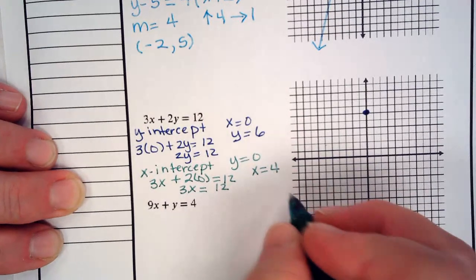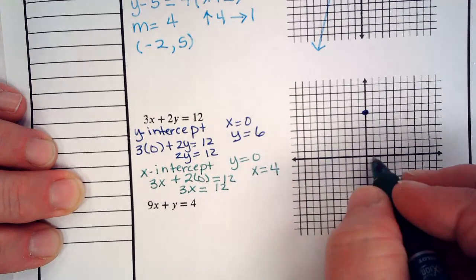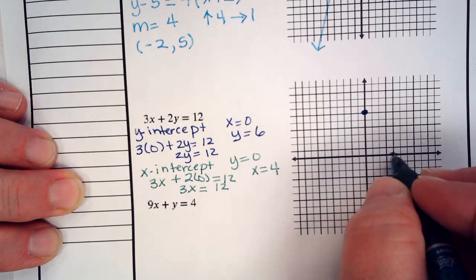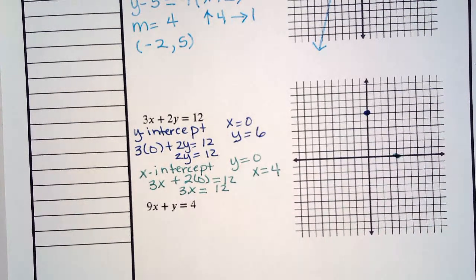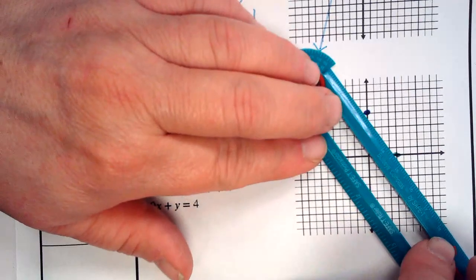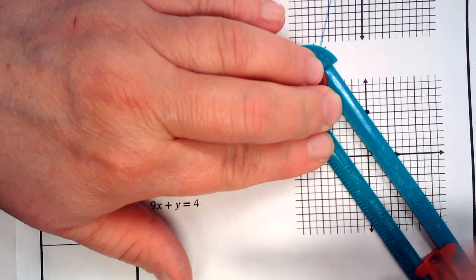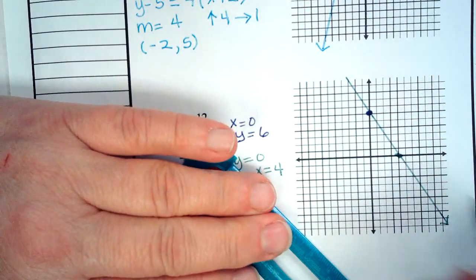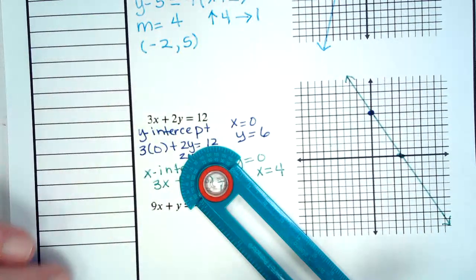So the other point will be 4, 0. 1, 2, 3, 4, 0. Draw your line. And you're done.